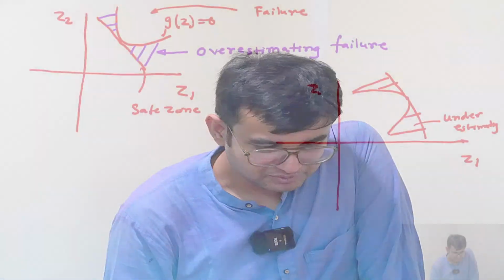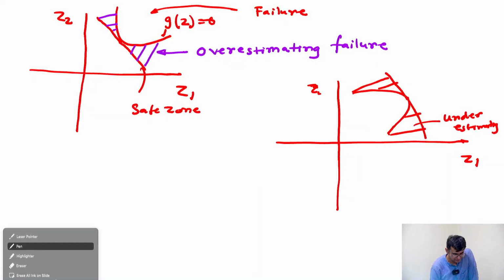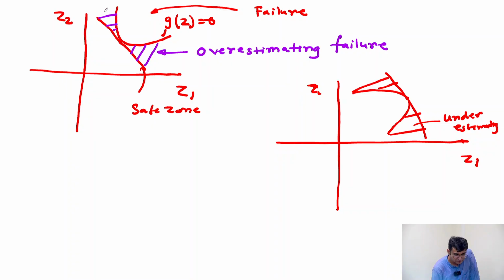So if I do a second order, before I go to the math, what will happen in a second order? Remember, I will repeat, second order is not exact. So when you do second order, you will do it about this point and you will probably get a second order approximation, something like this. So the orange line that you see is my second order approximation.